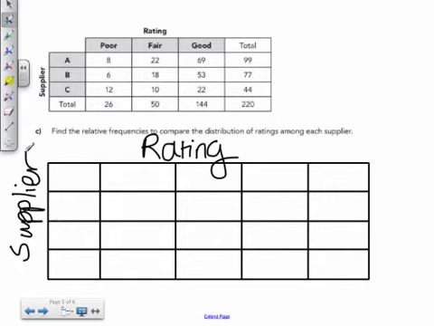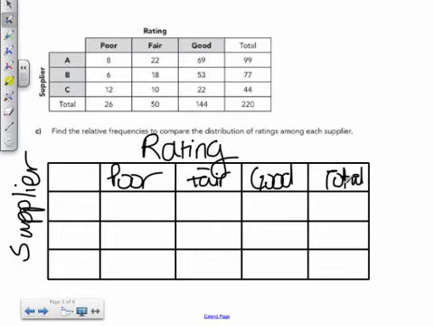And our ratings are going to be poor, fair, and good. And we're going to have a total column this time because I want to know what percentage total fall for supplier A, supplier B, and supplier C. So I'm going to call this A, B, and C.